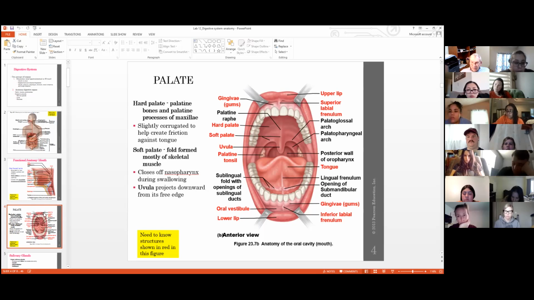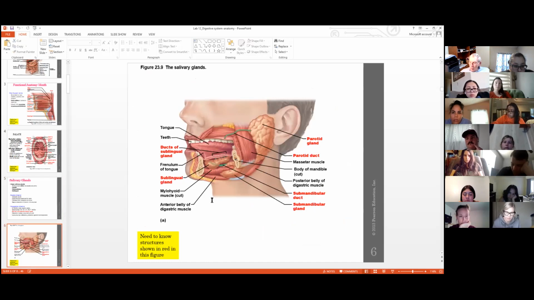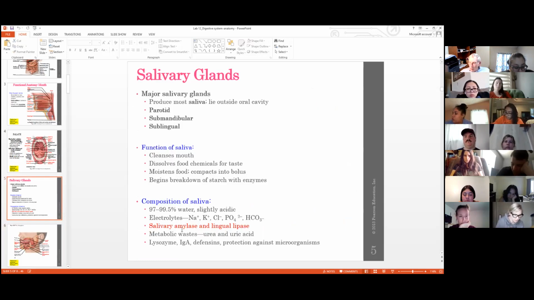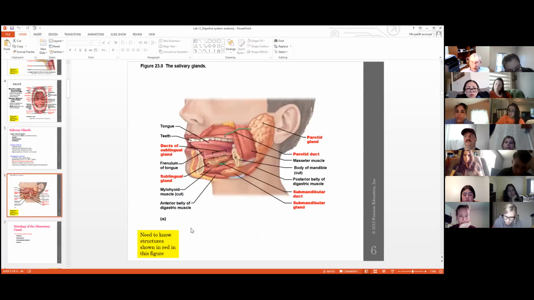Five and six. The salivary glands. This is where the amylase is. I knew it was in the slide somewhere, but I couldn't remember where it was. So this is why we're responsible for amylase. The three salivary glands are in this picture.